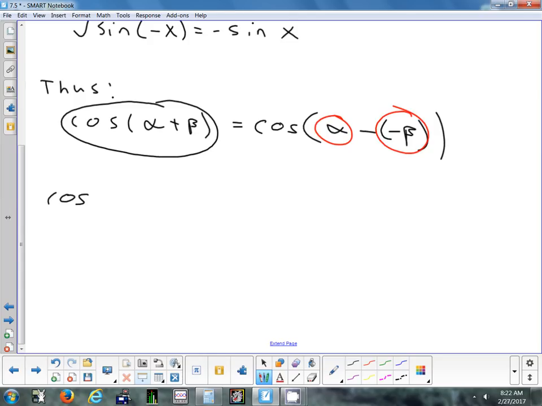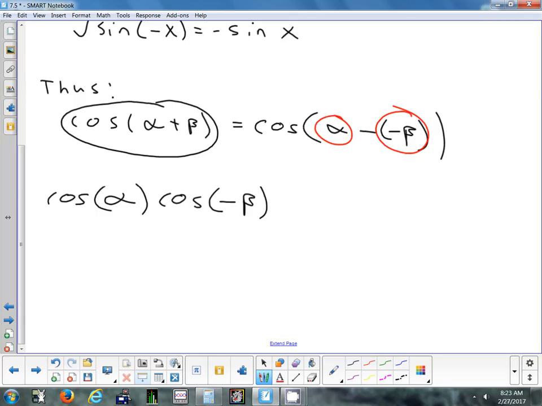Say it again. Cosine of the first, and then cosine of the second. And what's the second in this case? Beta. Not beta. Negative beta. Yeah, negative beta.